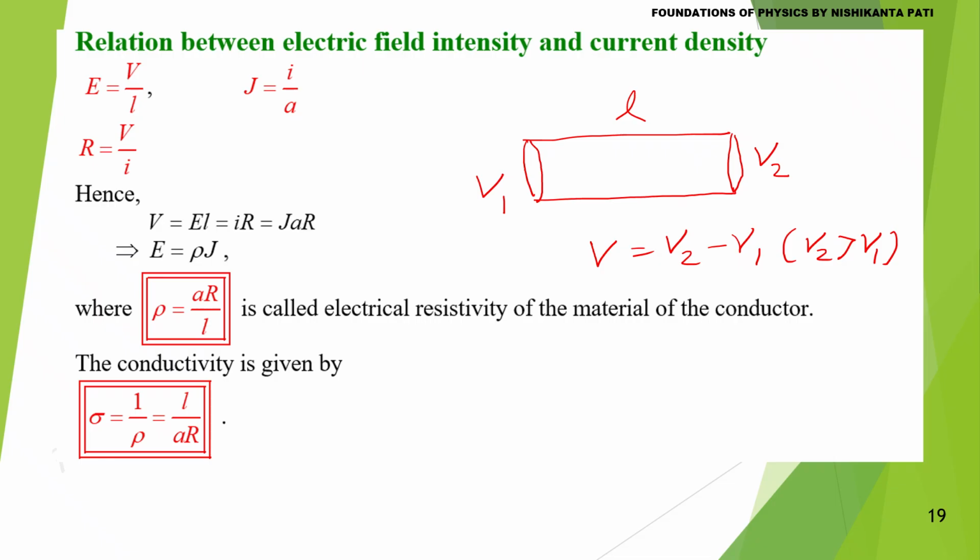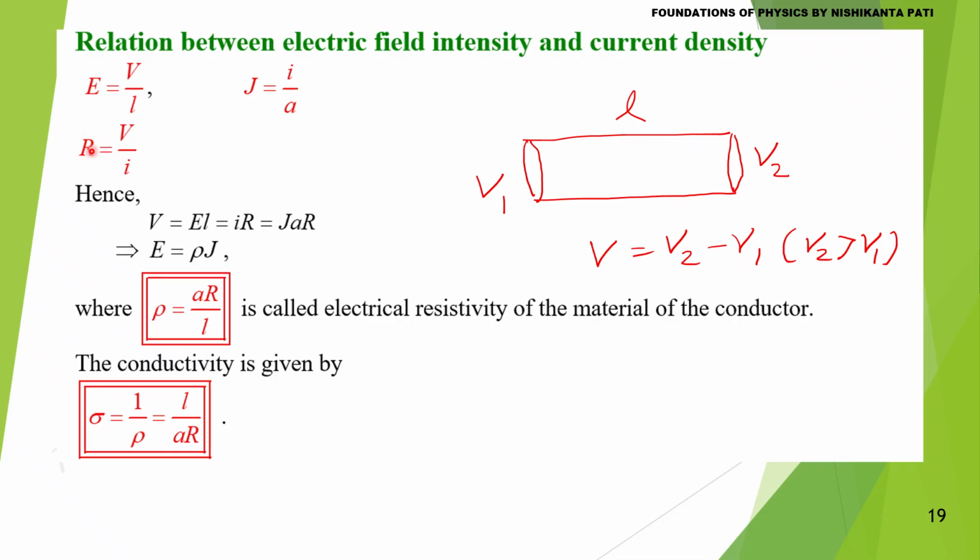Then in this cylindrical conductor, everywhere inside the conductor, the electric field remains constant, the current density also remains constant. The magnitude of electric field is V by L, and the current density magnitude is I by A. I is the current flowing in this conductor, A is the cross-sectional area of the conductor.